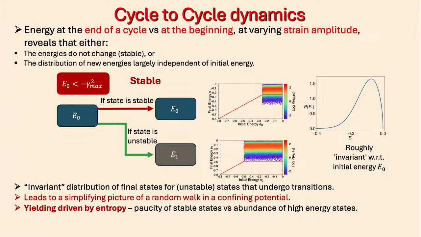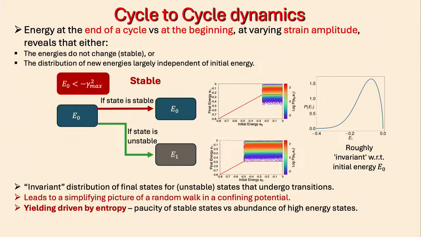Okay, so instead of looking at transitions from one mesostate to the other, as I vary the strain cyclically, I'm going to ask what might happen to the system if I look at it at the end of each cycle stroboscopically, right? And so here are some simulation results for this system where I'm showing the initial energy of the mesostate that I'm occupying on the x-axis and the final energy after a full cycle on the y-axis, okay?